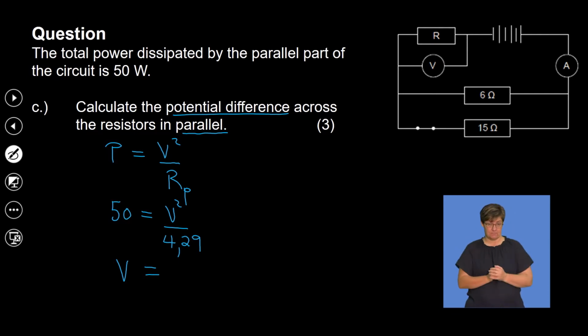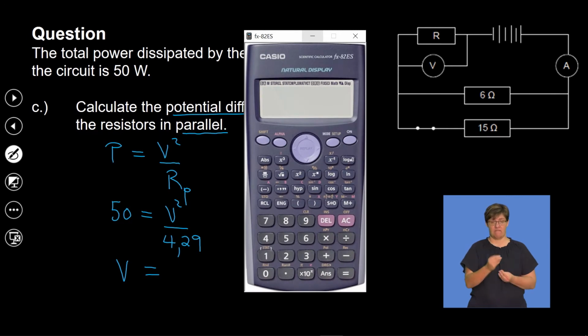So on our calculator we have 50 multiplied by, we've cross multiplied with the resistance, which is 4,29. That gives us that value. But remember, this is equal to V squared. So for us to get the V, we need to find the square root of that value.